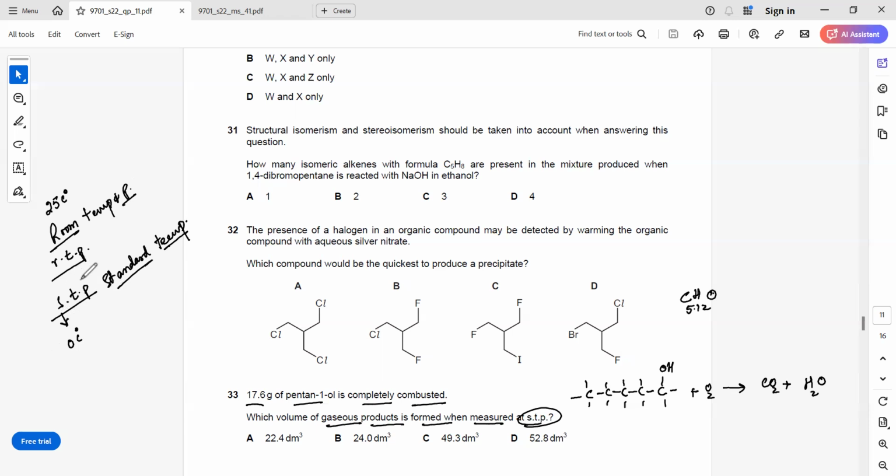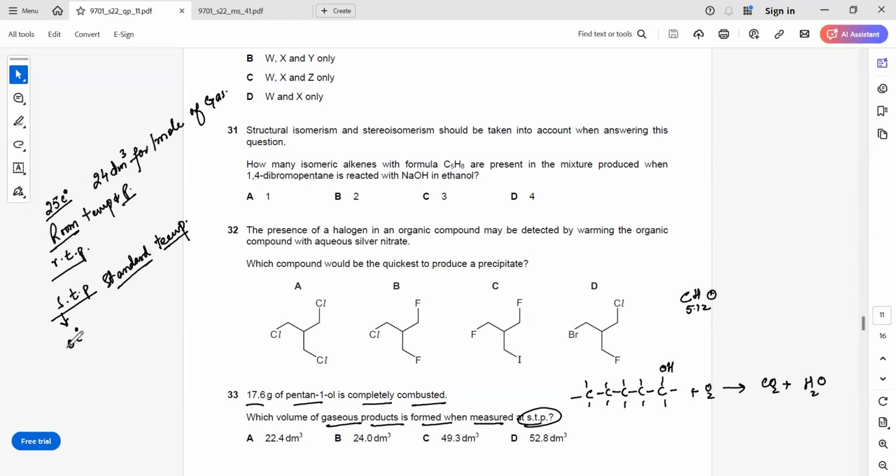So definitely the volume of 1 mole of a gas will also be different. When we take 25 degrees Celsius, the volume is 24 dm cube for 1 mole of a gas. Clear?